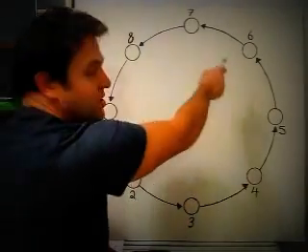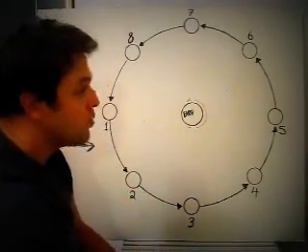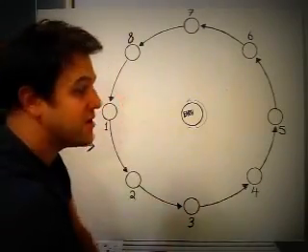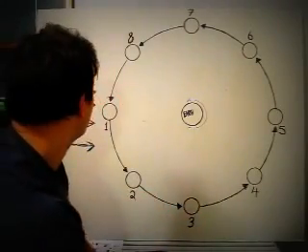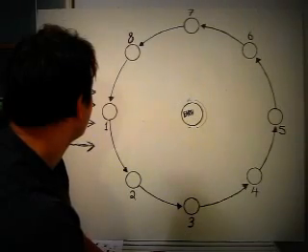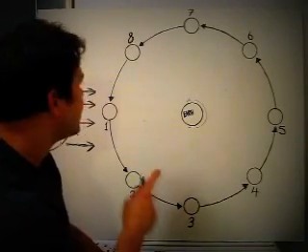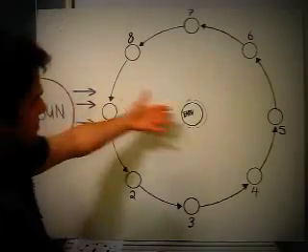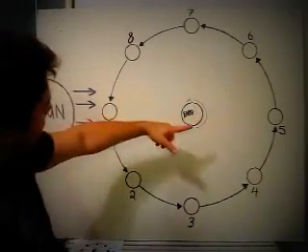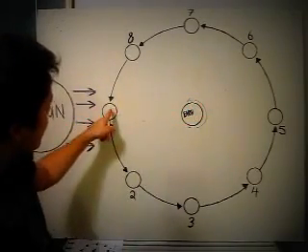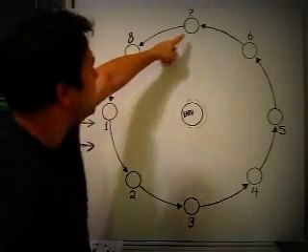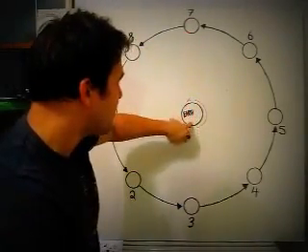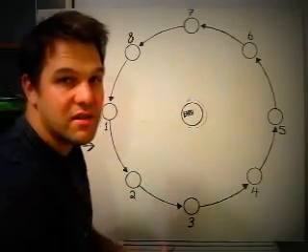So each position of the moon around the Earth will lead to a different phase of the moon. So it'll have a different appearance from the ground. The first thing I should do is also emphasize that the sun is over here, and it's shining its light that way. So that means that the right side of all these moon positions, and also the Earth, will all be shaded.